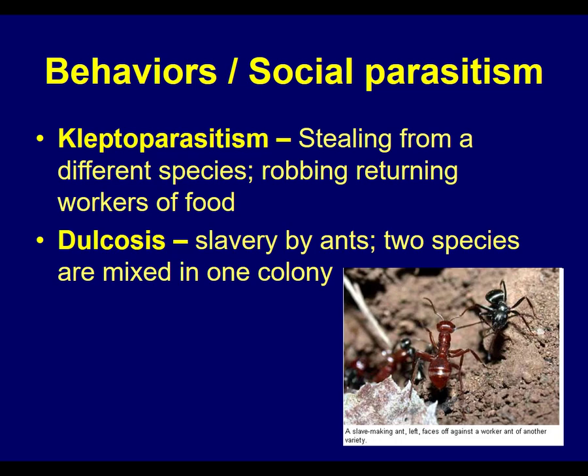And then there actually are some examples of dulosis in ant species where ants will take other species of ants and force them into slavery. Usually this happens, examples I've seen in some videos and things are the honeypot ants, which are kind of a trip. And I'll try to find a link here for you that you could kind of see that.